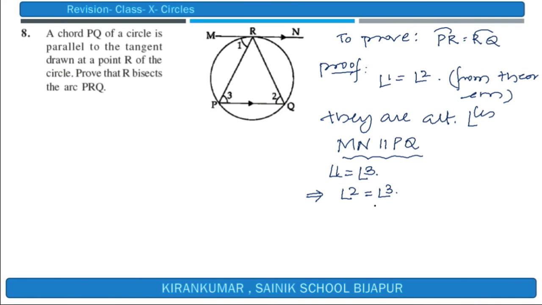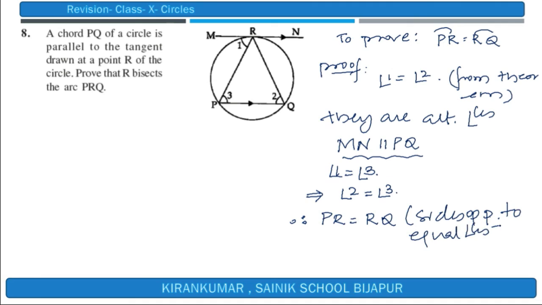Since angle 2 and angle 3 are equal, we can say PR will become equal to RQ, because the sides opposite to equal angles are equal. If the chords are equal, the respective arcs will be equal.